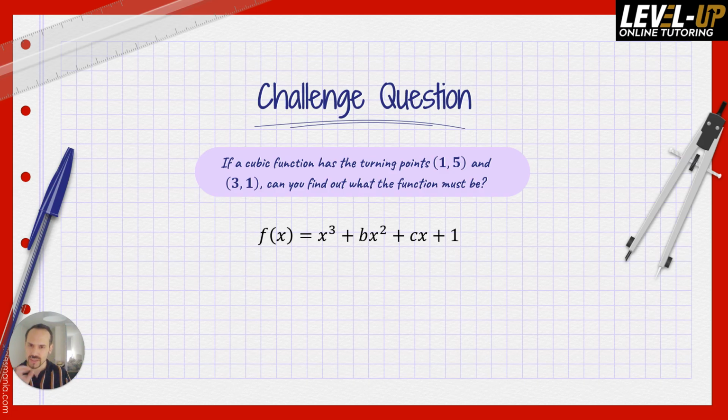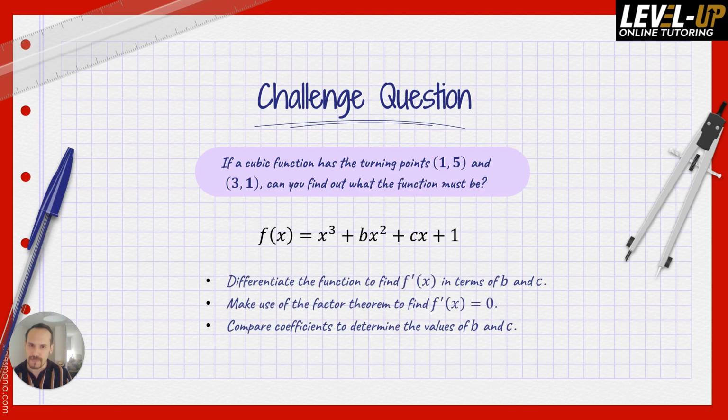If you want some tips on how you might do this, here are some key steps. We want to find the derivative of f. Sometimes we denote this as f dash of x. We'll see that more in the next lesson. You find the derivative of this, and that derivative is necessarily going to be in terms of b and c, isn't it?